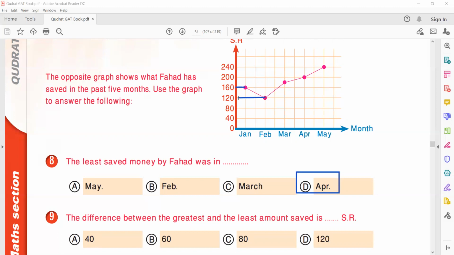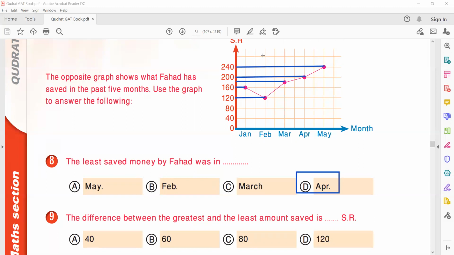Also I have 120. And here 180. Here 200. And the last one is 240. You add it, you get 900, right?